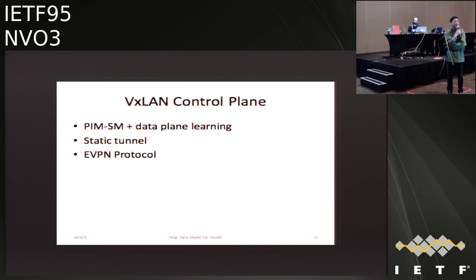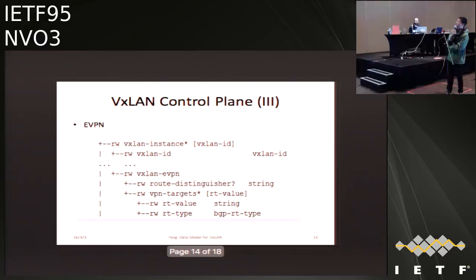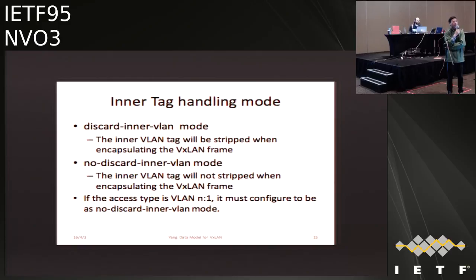First we create a VXLAN instance and configure the VXLAN access type and VNI. We also create a VTEP instance. Within the VTEP instance, we configure the inner tag handler, and we bind the VTEP to a VNI. We will have a binding between the VXLAN instance and the VTEP.